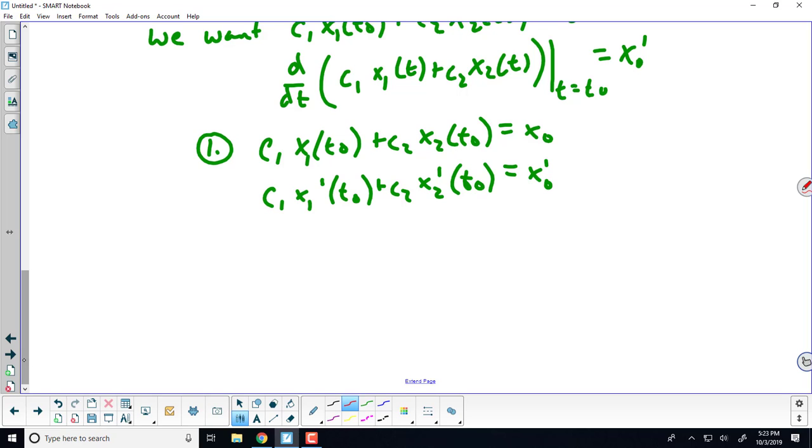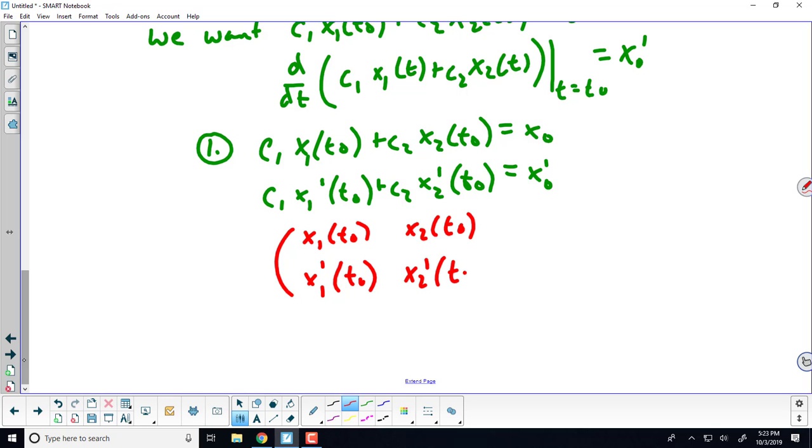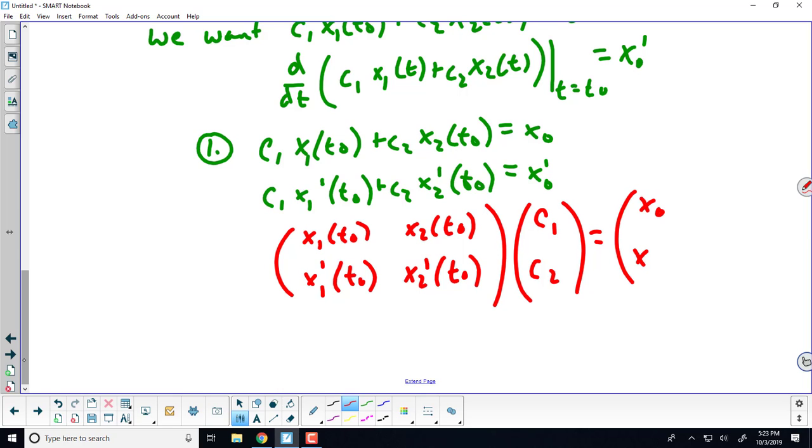This looks like we could rewrite this in a matrix equation as x1 of t naught, x1 prime of t naught, x2 of t naught, x2 prime of t naught, times c1, c2 to equal x naught, x naught prime.